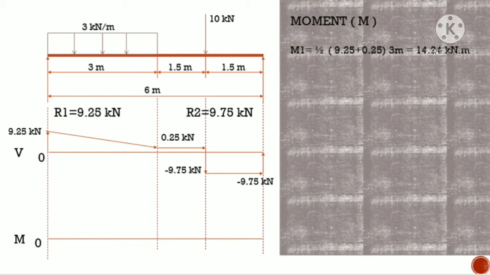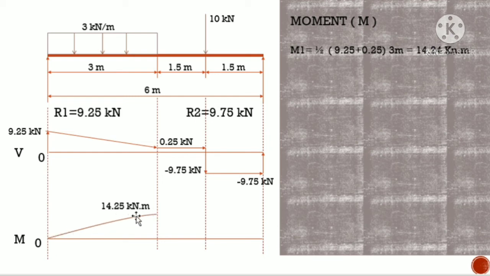Okay, so how to draw that one, how to draw the line, no? Mapapansin niyo sa taas is naka first degree siya, naka slope, kasi ang load niya is uniformly distributed load going down. Sa moment nagkaroon na siya ng curve konti.